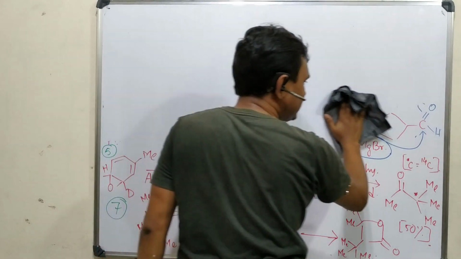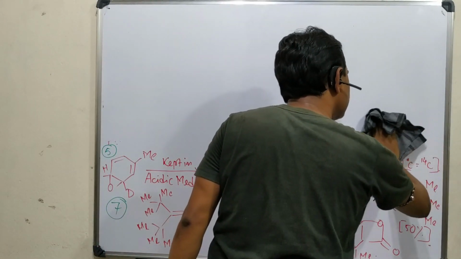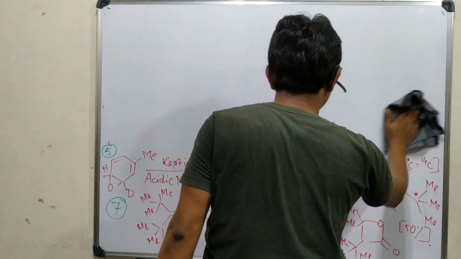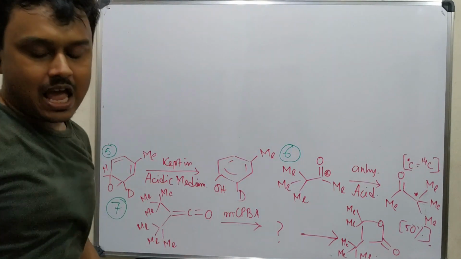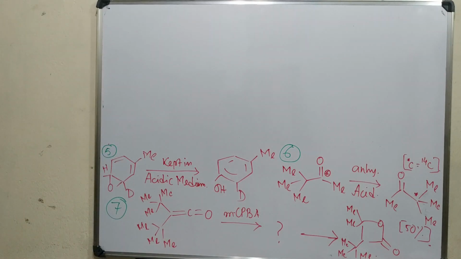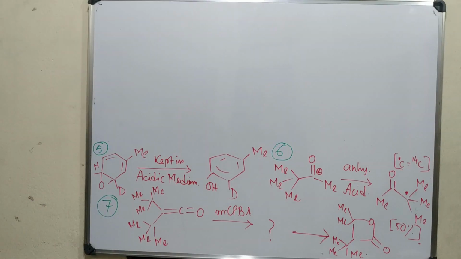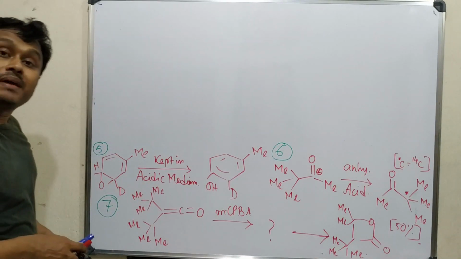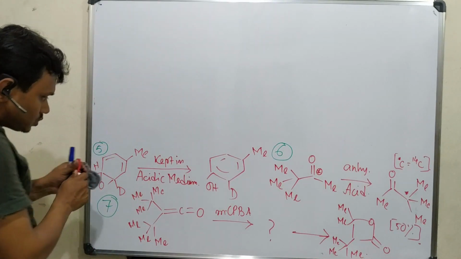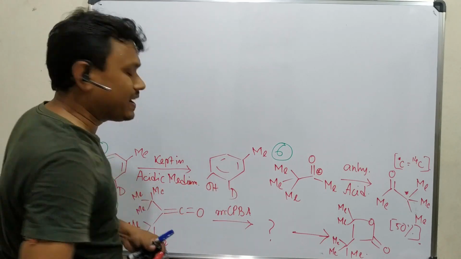Okay, fine. So till now we were discussing simple epoxides, meaning epoxides attached to aliphatic centers. Now we will discuss epoxides attached to aromatic centers. In example number 5, you can see this is an epoxide made from a benzene derivative. It is kept in acidic medium and rearranged to this.